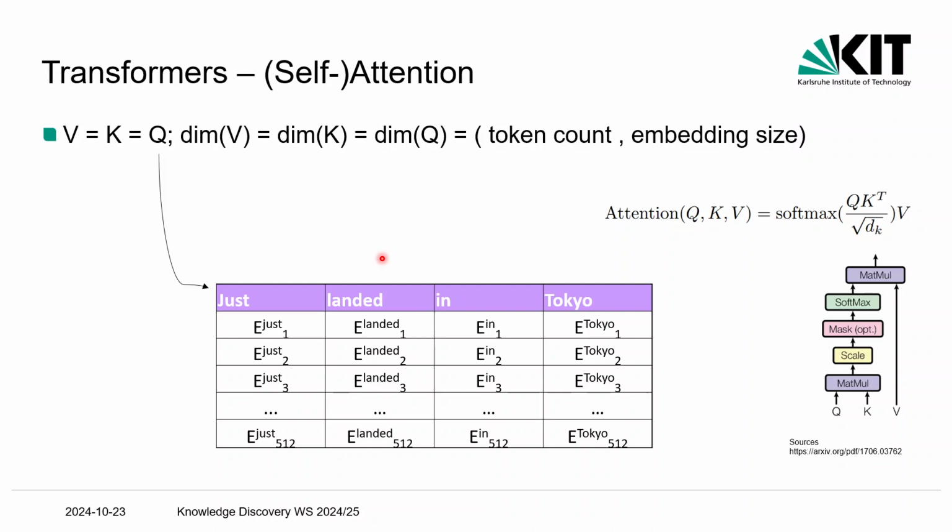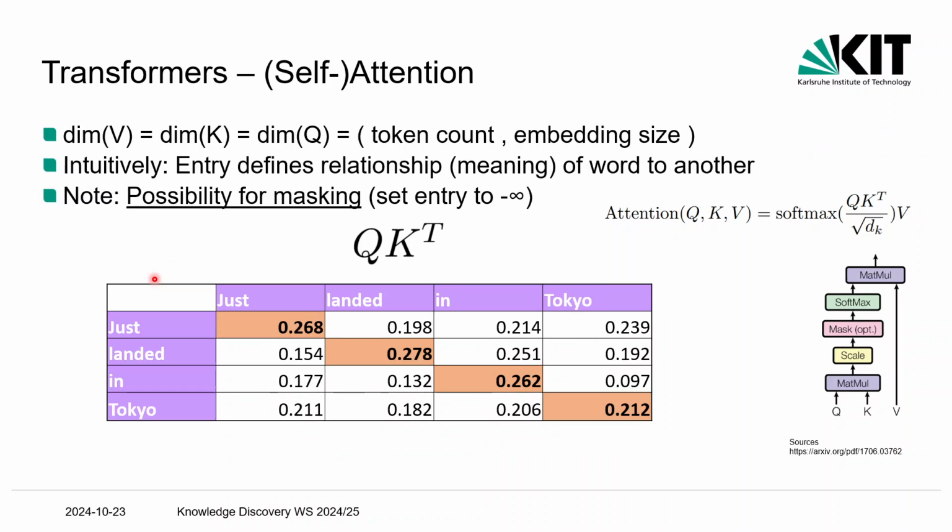So let's start by going into this formula here. The dimensions we already looked at, and this inner part of the formula will start with Q, with the dot product of K transposed, which is the numerator here in the softmax part.